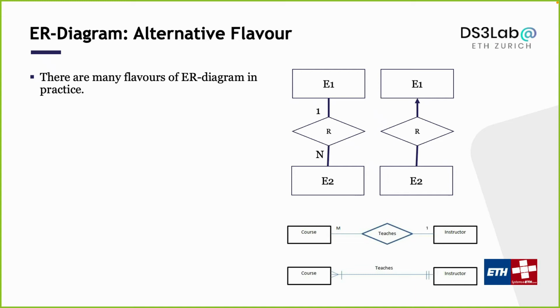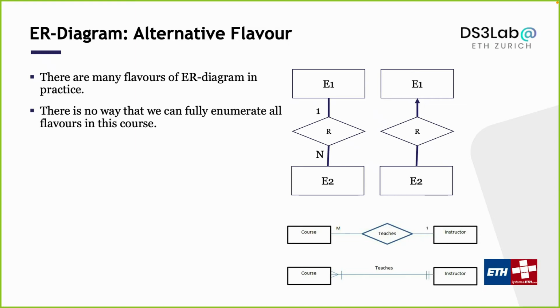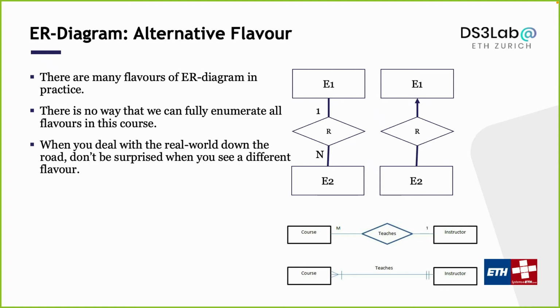In some systems, you are using a special notation to encode this many-to-one relationship. In the exam, in this course, we will stick to what you see during the lecture. But in practice, do not be surprised when you see something that looks different from what we talked about in the course. No way we can enumerate all of them, but whenever you see something you do not know, just try to Google it, and highly likely the answer is there.